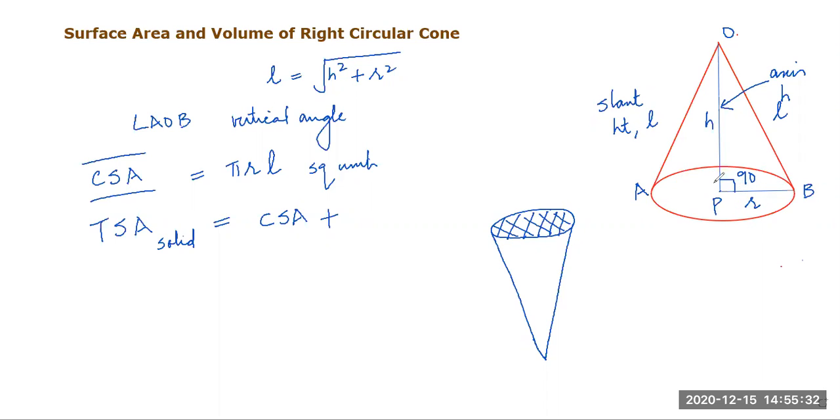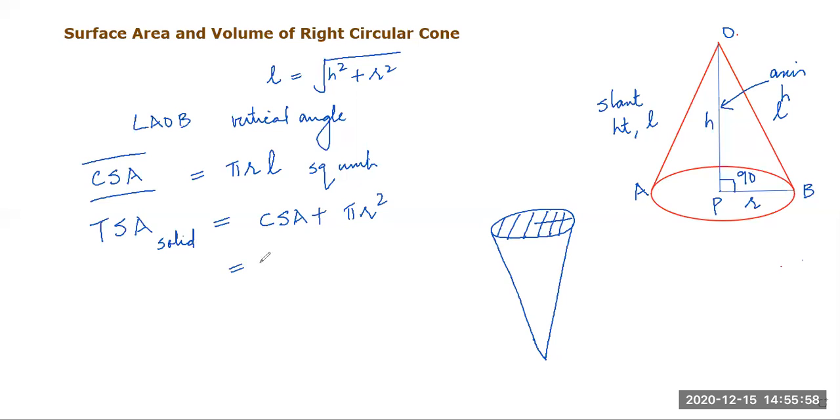I've been repeating this in the last lecture also. A surface is one which can be touched with your hands. Since your hand would go inside this hollow cone, there's no surface. So we have total surface area as curved surface area plus the area of the base. Radius is r, pi r square is the area of the base.